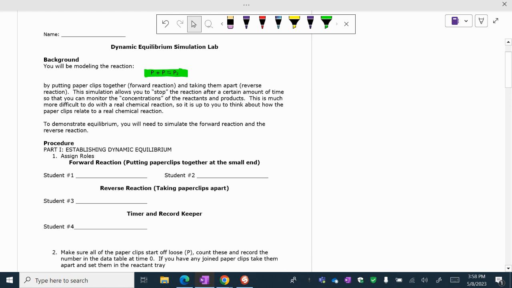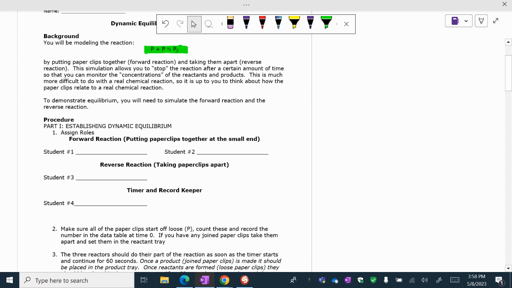Once you get into groups, and you'll be told how to get into groups, the first job is to divide up into roles. If you end up without having a group of 4, then somebody will have to take the time and record keep at the same time as doing the jobs. But 2 of you will be putting paper clips together, and 1 will be taking paper clips apart.